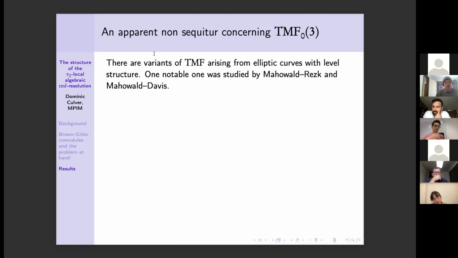It's coming from elliptic curves with a gamma 03 level structure. We don't necessarily care so much about all the elliptic curve stuff, but what Mahowald-Resk and Mahowald-Davis found was that you can write down TMF03 as TMF smash with a finite cell complex. In fact, there are 3 or 4 cell complexes that you can smash TMF with to give you something equivalent to TMF03.